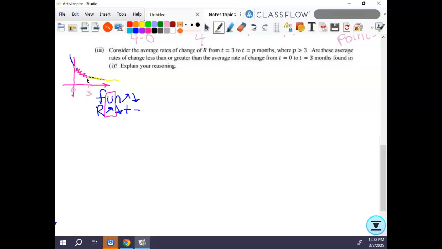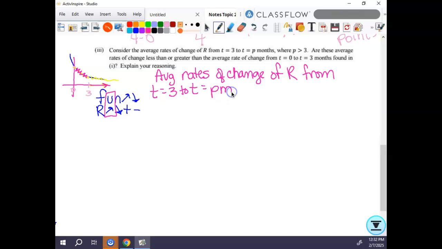Now we're going to write a lot, but it's not like I'm not going to remember how to write this paragraph. A lot of what we're doing is restating what's in the question. So I'm going to start with average rates of change of R from t equals 3 to t equals p months. Now, I literally just rewrote that part right there, okay?